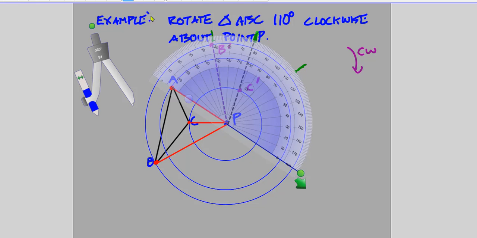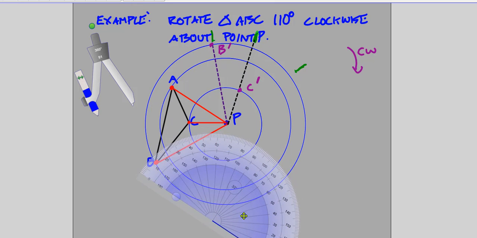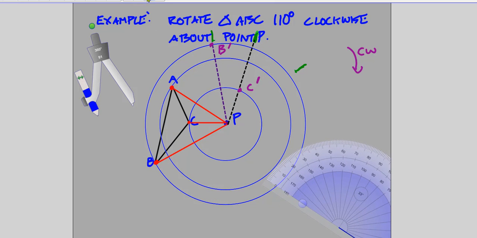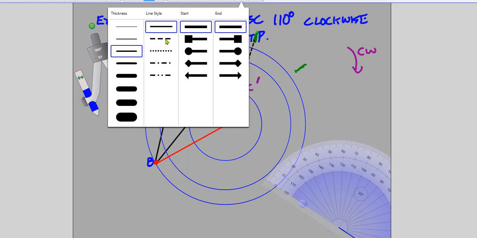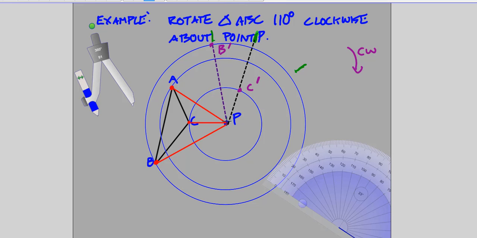Now again, move that protractor out of the way. Get my purple dashed line. This is for point A, which is on the second circle right here. We go to here, we're going to mark right here because this is the circle that A is on. So this is A prime.